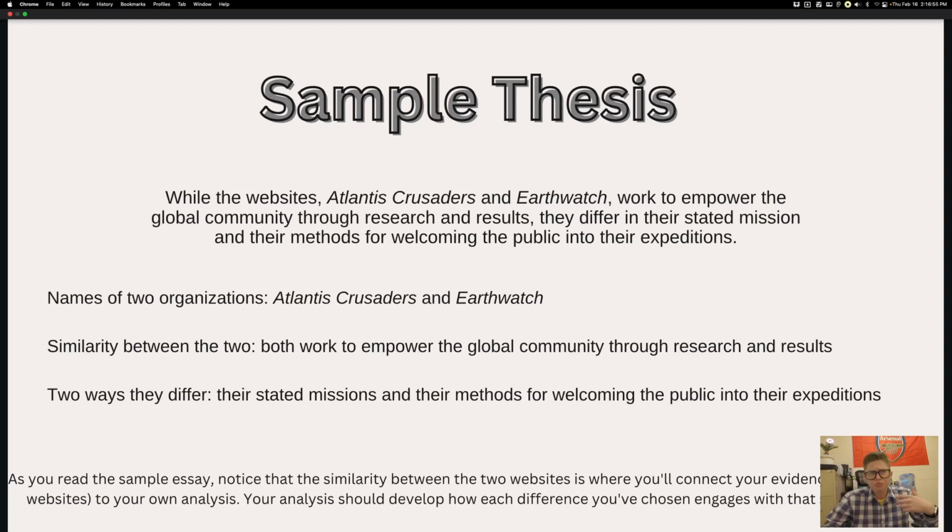All right, so the thing I want to point out is, as you read the sample essay, notice that the similarity between the two websites is where you're going to connect your evidence to your own analysis, right? You're going to present evidence and then explain how this is working to show that similarity, okay? And that's where you get to have a little bit of fun.